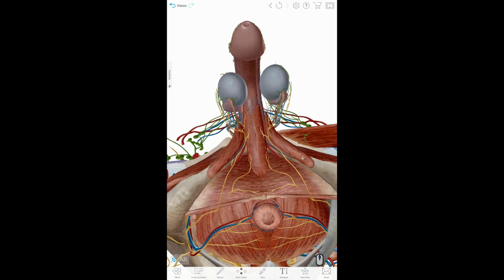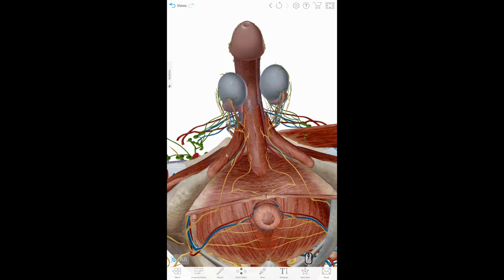This is the 3D view of the perineal region after the Colles fascia has been removed, and this is the deep triangular perineal membrane. The structures that we see between the Colles fascia and the deep triangular perineal membrane are the contents of the superficial perineal pouch. Now let's see them one by one.